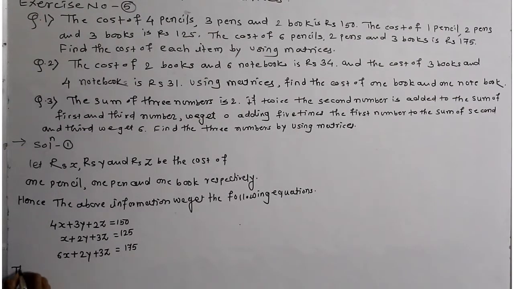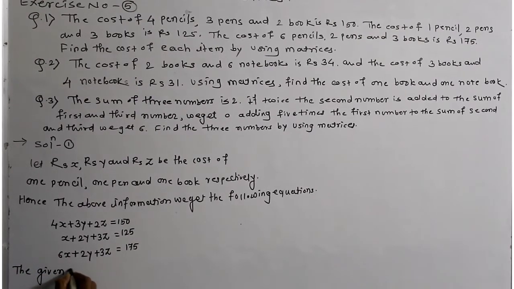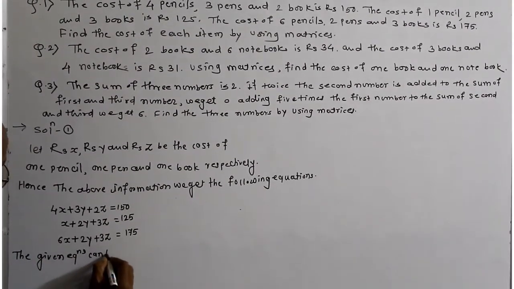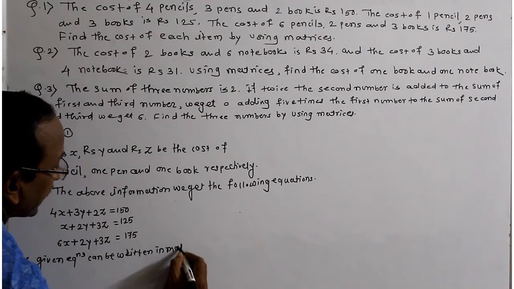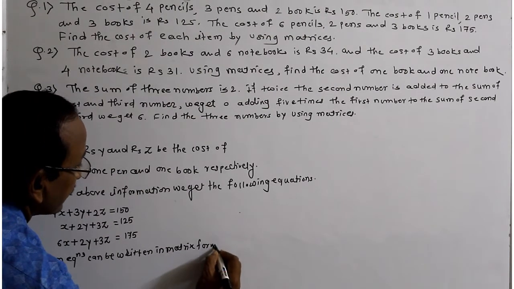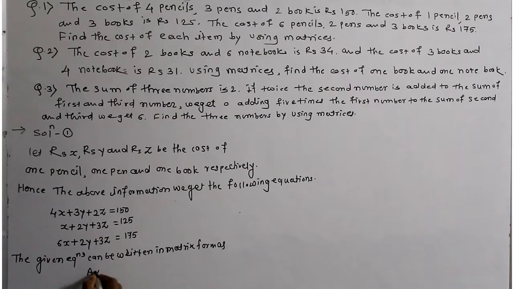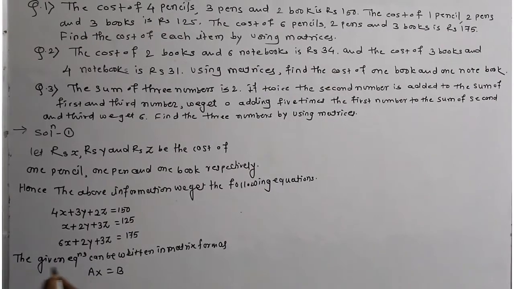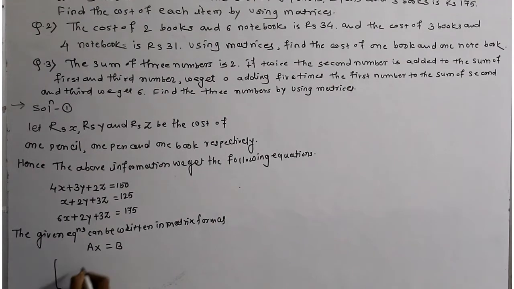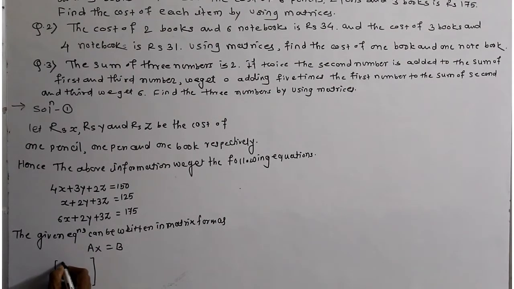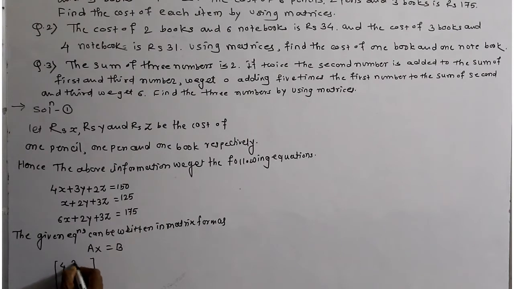The given equations can be written in matrix form as AX is equal to B, where A is the matrix of coefficients, X is the matrix of variables and B is the matrix of constants. So A is the matrix with rows 4 3 2, 1 2 3, 6 2 3.